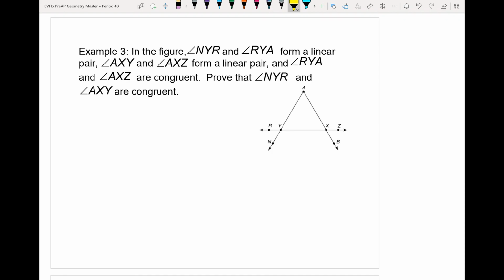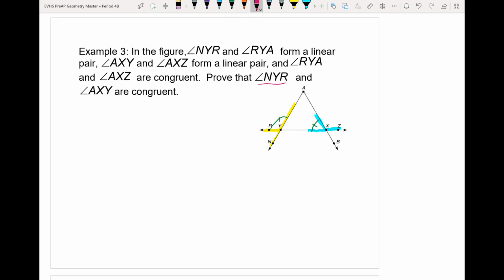Okay, angle NYR and RYA form a linear pair. We also know that AXY and AXZ form a linear pair. I also know that RYA and AXZ are congruent.